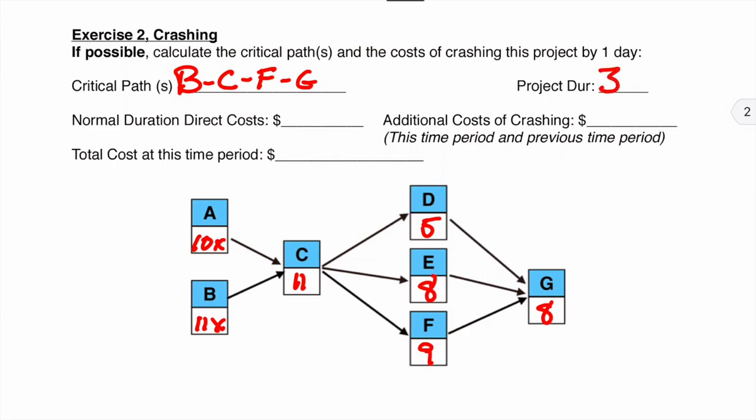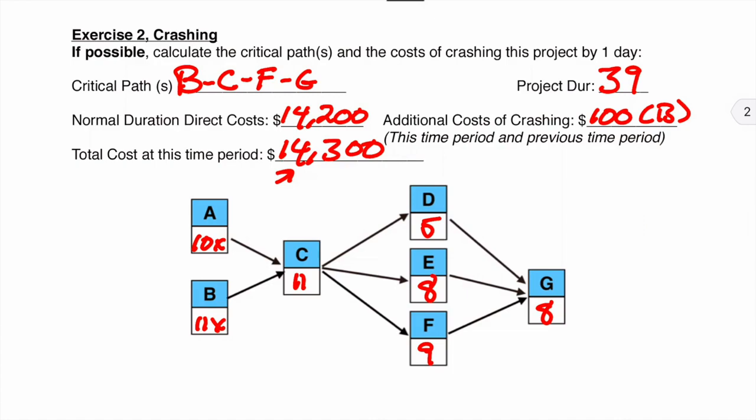We're now down to 39 days. It was 14,200 rather. Our normal direct costs and additional cost of crashing is just $100 for B. So that's the cost of the project at 39 days.